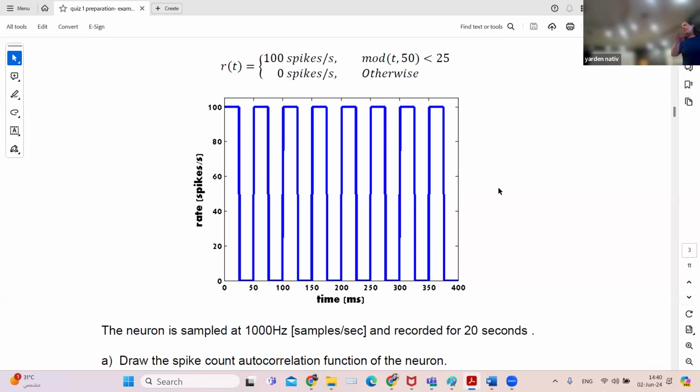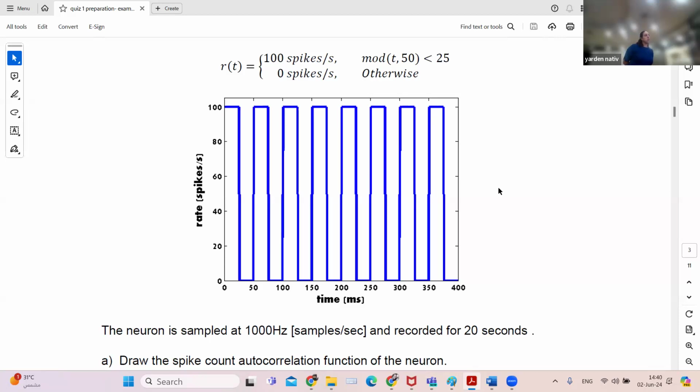I know this is a very, very hard question. There is a way to solve it, and I want you to first try yourself for 5 minutes, okay? So the autocorrelation, should it be on a given window?